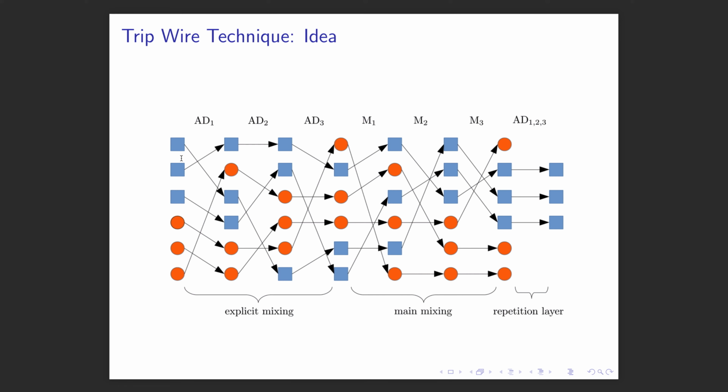And at this point, we're going to check whether the existing mixing went well. So the first thing we're going to do is get all of the auditors, auditor 1, auditor 2, and auditor 3, to reveal their secret keys. So then we can just check very trivially that that mixing was done correctly. And the reason we're happy to do this is the privacy the explicit mix gave us, we really only needed while the main mix was happening.